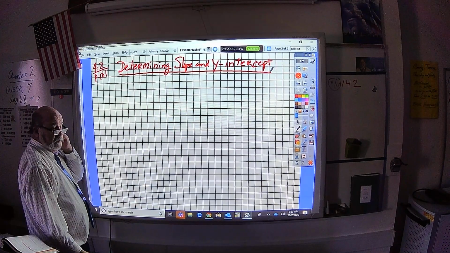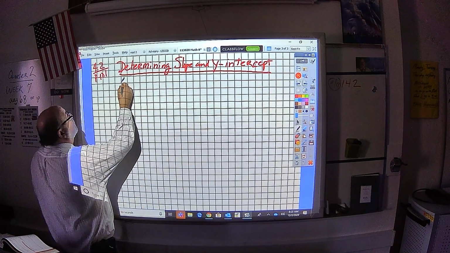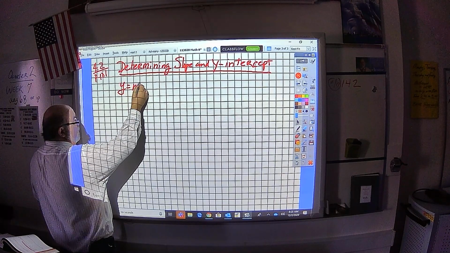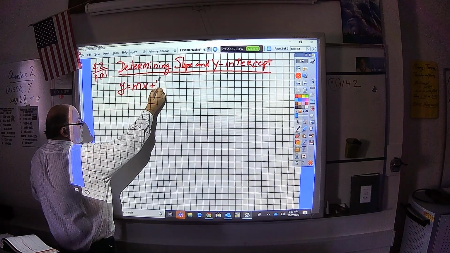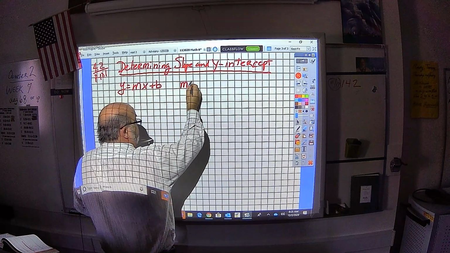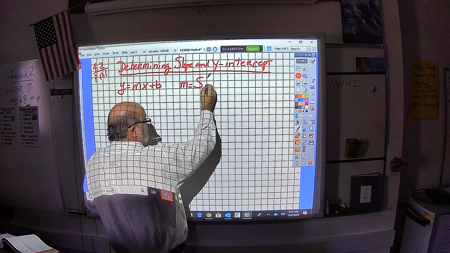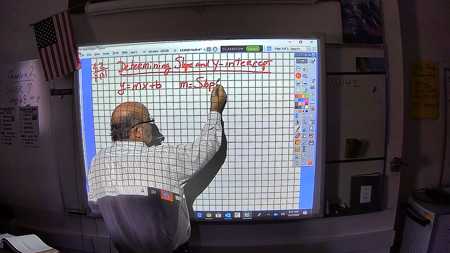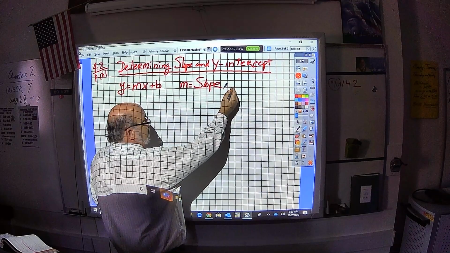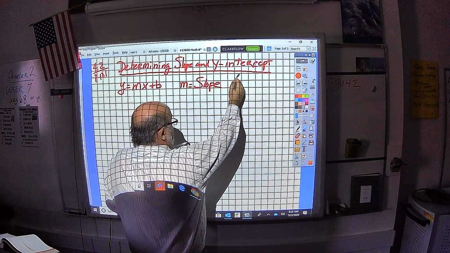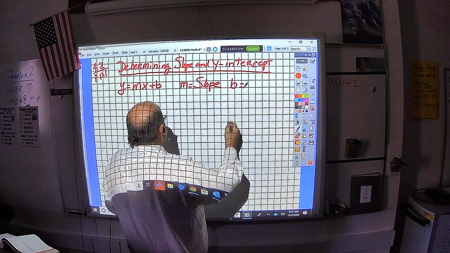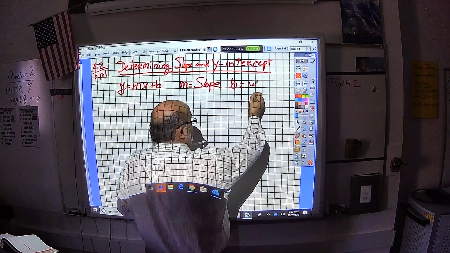Now, if you recall, this begins with y equals mx plus b. m equals slope, because it's the multiplier of x, and b equals the y-intercept.